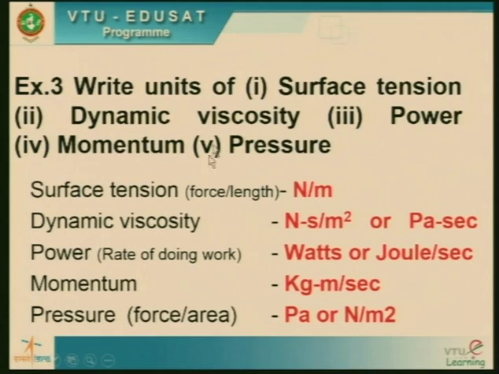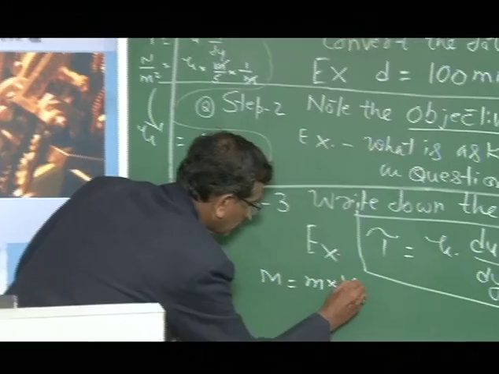Now, let us come back to the power. The rate of doing work is measured in the SI units in watts or joules per second. Momentum, what is momentum? Momentum is mass into velocity. Let us see the same thing, I will write here. Momentum is mass into velocity.